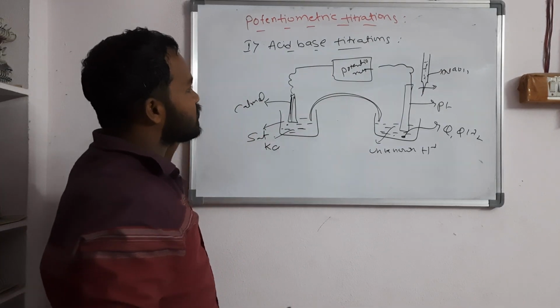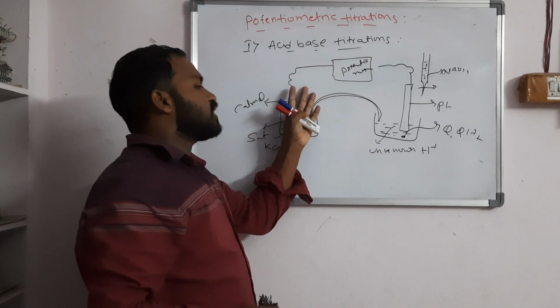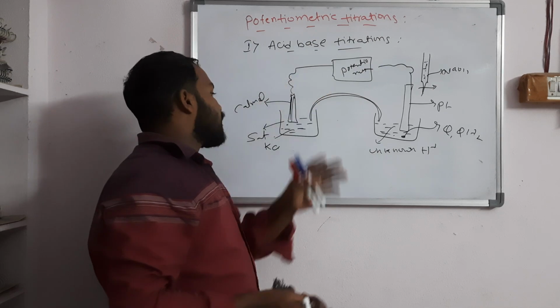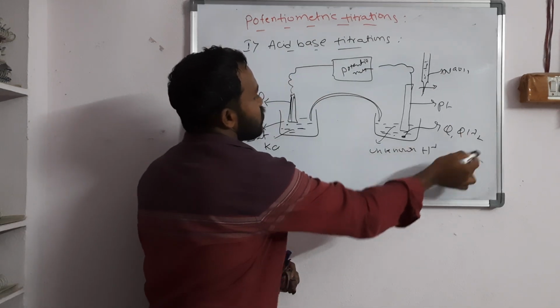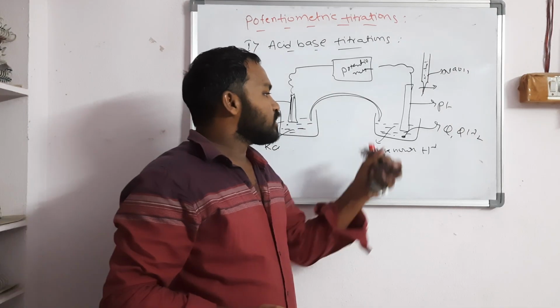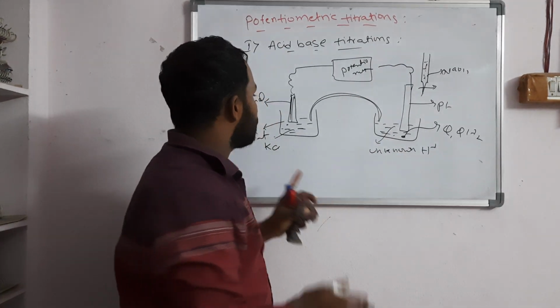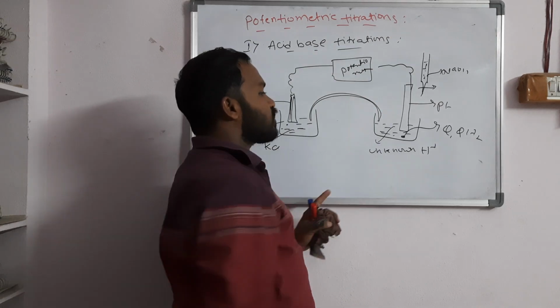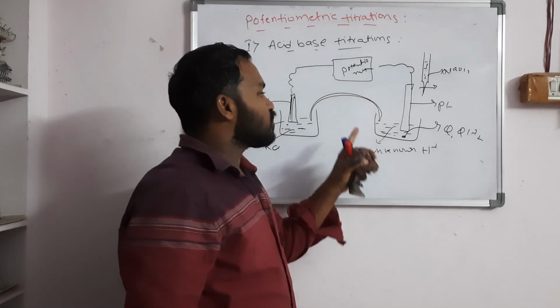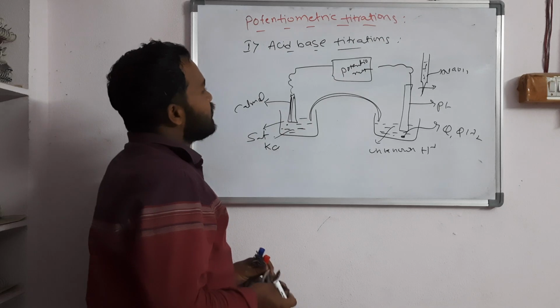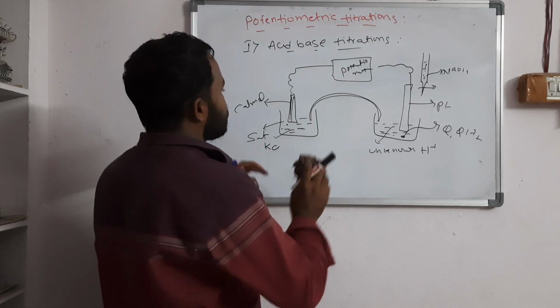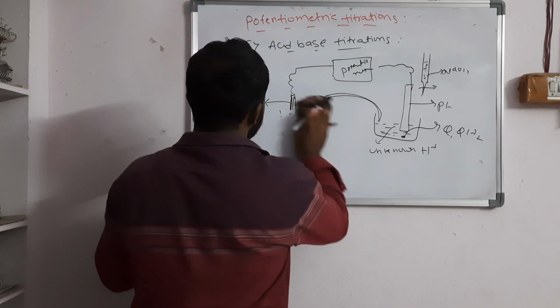In acid-base titrations, the hydrogen electrode and the glass electrode are used as indicator electrodes, as we already discussed. This is the experimental setup.